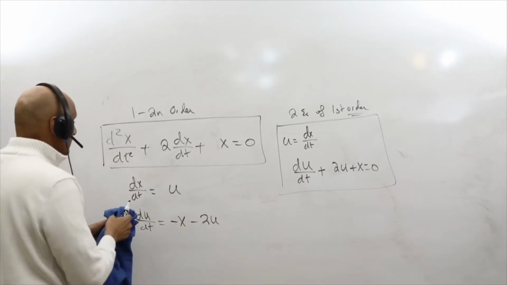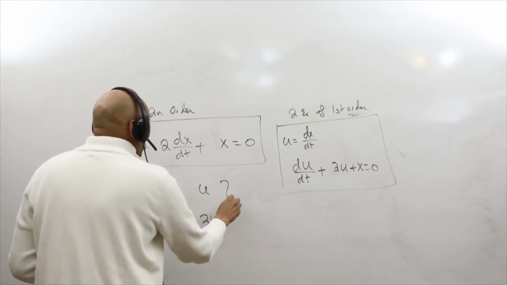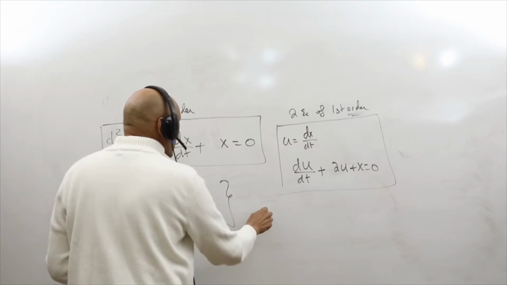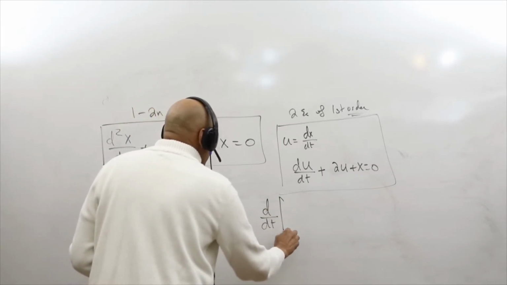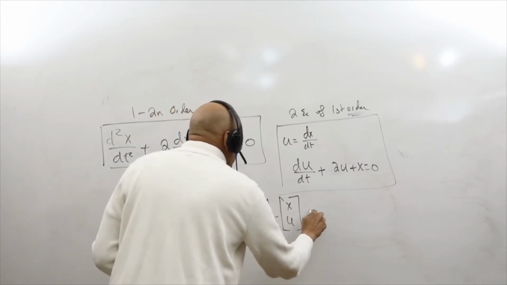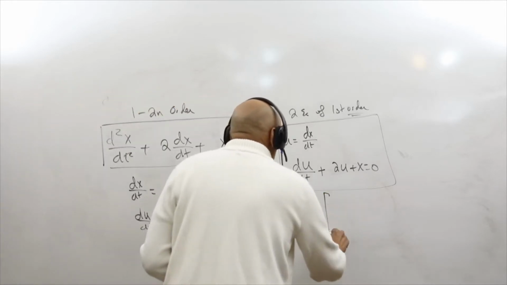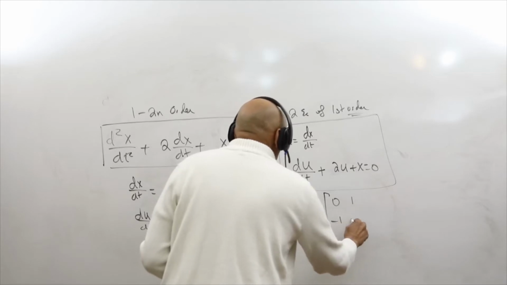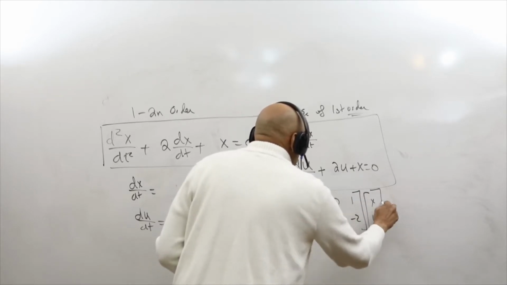If you look at this carefully, you'll notice that I can convert this into a matrix equation of x's and u's. And so this would be 0, 1, minus 1, minus 2 of x's and u's.